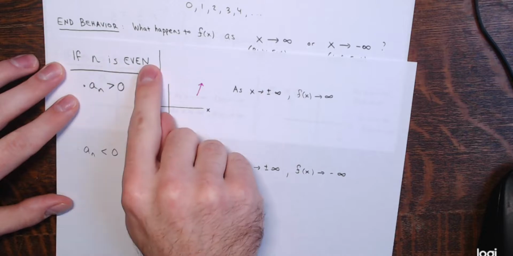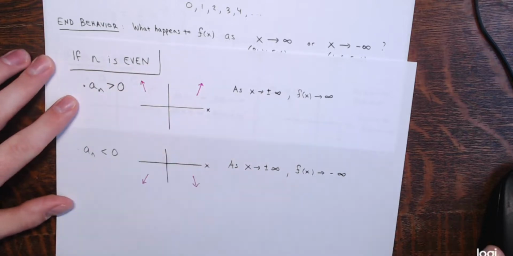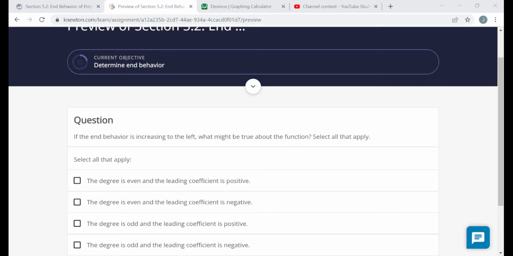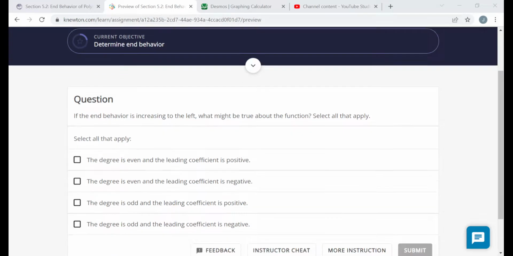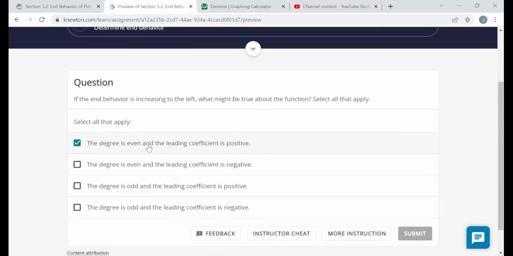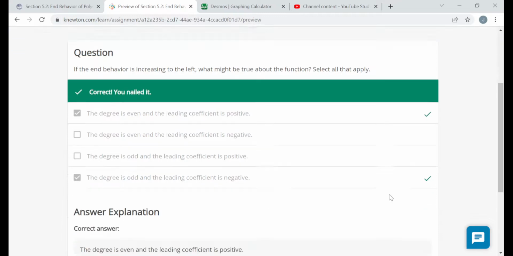So it could have an even degree with a positive lead coefficient. Both of those could be happening here with this description. So even with a positive coefficient, or odd with a negative coefficient. Both will be equally valid.